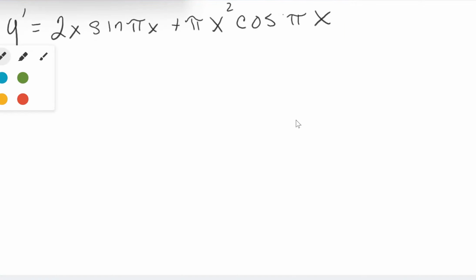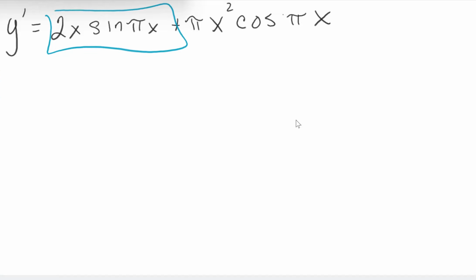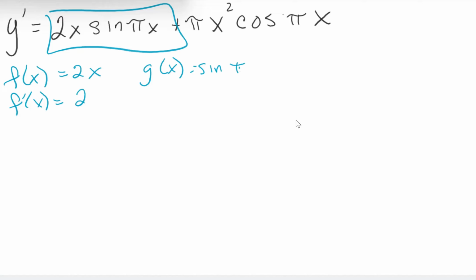All right, so if we look at that part first, f of x is 2x, so f prime of x is just 2. g of x is sine pi x, so g prime of x is pi sine pi x, or not sine, cosine pi x.